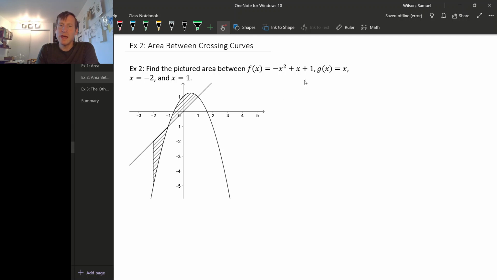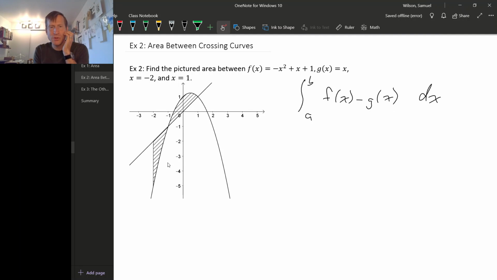When we came up with this formula for area, the integral from a to b of f of x minus g of x, we said that f of x has to be on top for this formula to work. But if you look at this setup, which function is on top actually switches partway through the integral.